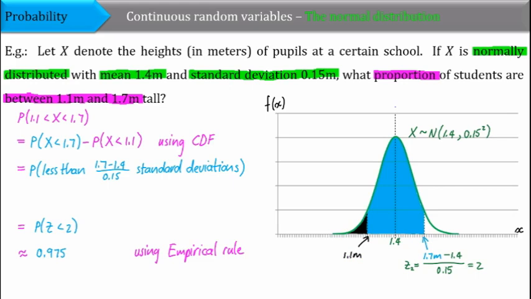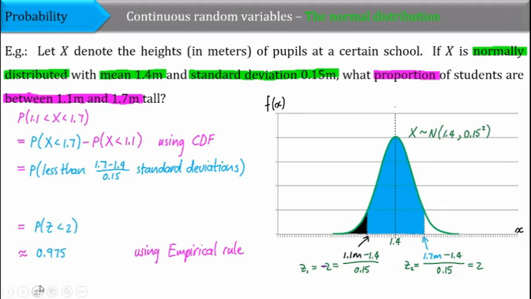Right, next will be the black area. So the total area I'll calculate by first looking at how many standard deviations I am away from the mean. So it's 1.1 minus 1.4 over 0.15. So that gives me negative 2. Okay, negative 2 because I'm 2 standard deviations below the mean. The signs are really important here. So I'm 2 standard deviations below the mean.